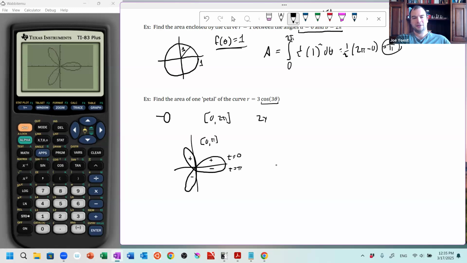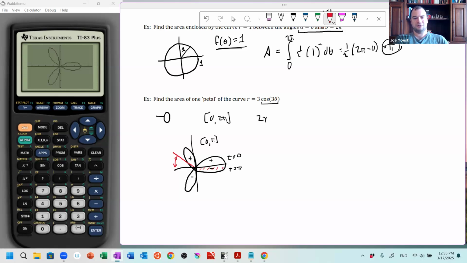So this section down here is coming from the angles over here where cosine is negative. So that's a little bit annoying.